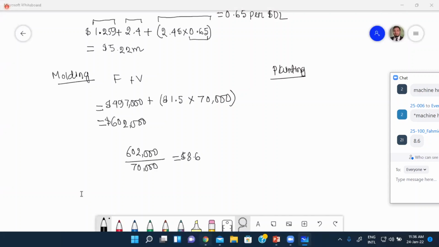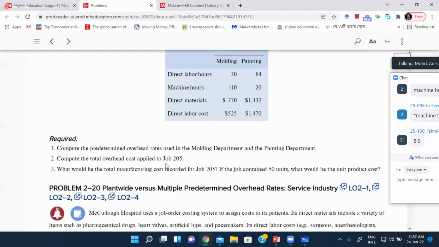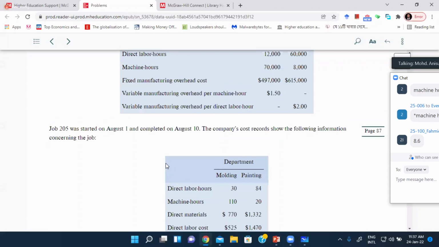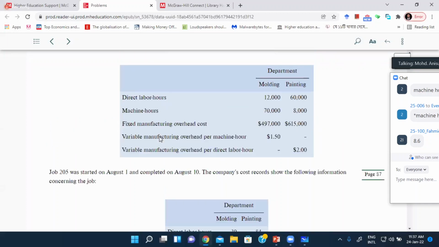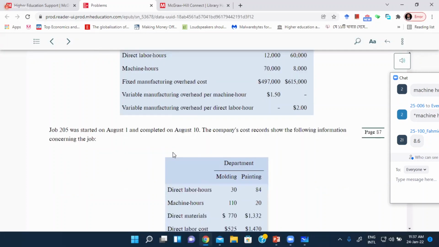Okay, compute the total overhead cost applied to job 205. So we see components of overhead cost, two portions of overhead cost. In fact, one portion is overhead cost applicable for using machine hours, and another is overhead cost applicable for using the painting department, using the painting works, which is dependent on the direct labor hours.